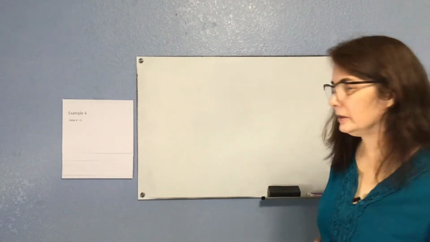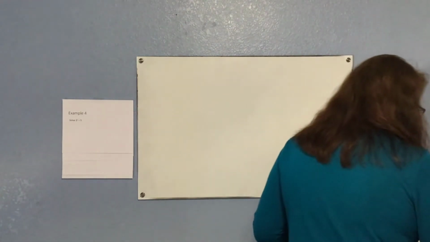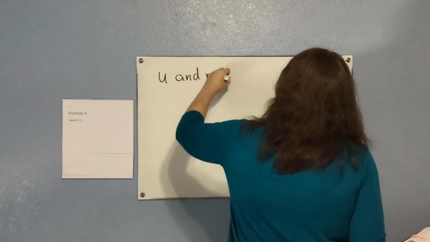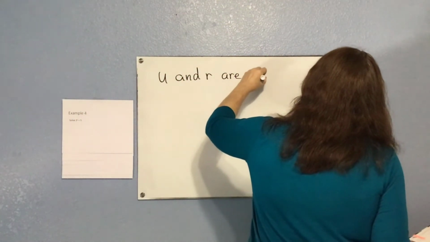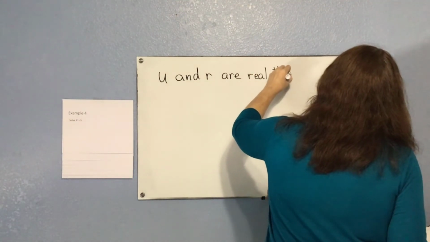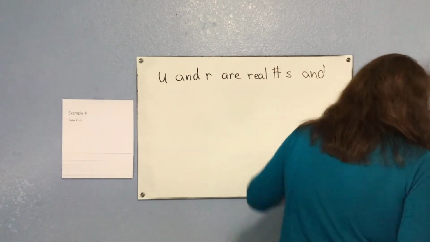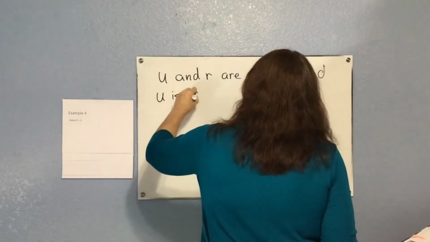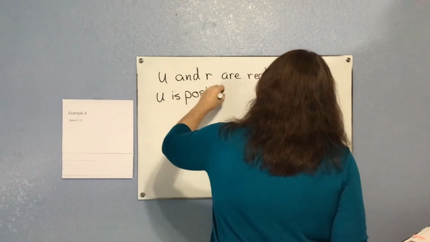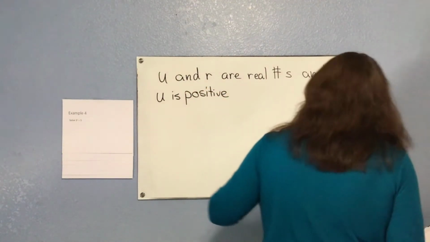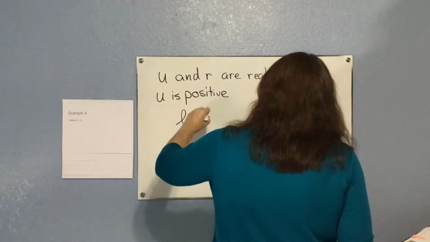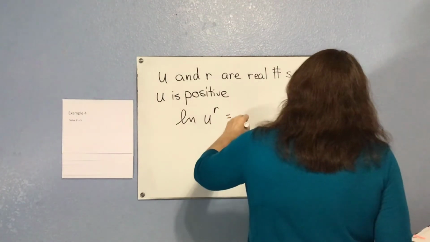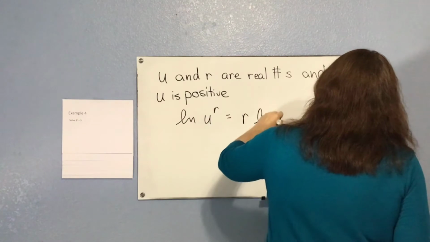Here's another rule that we can use. If u and r are real numbers, and u is positive, the natural log of u to the r power is equal to r times the natural log of u.